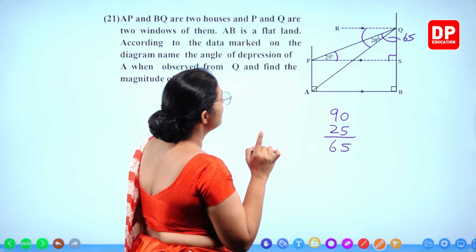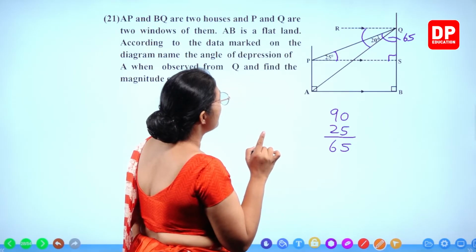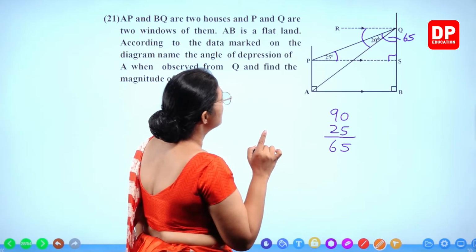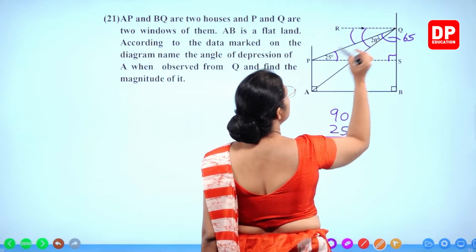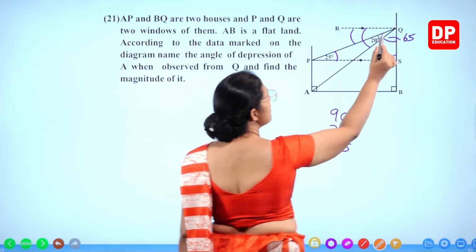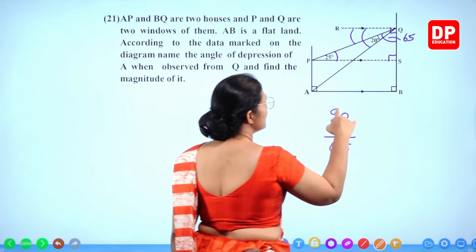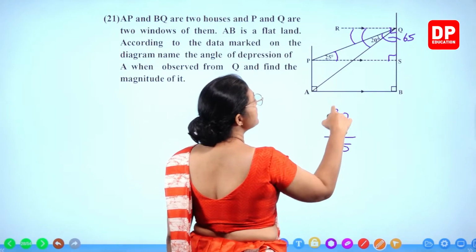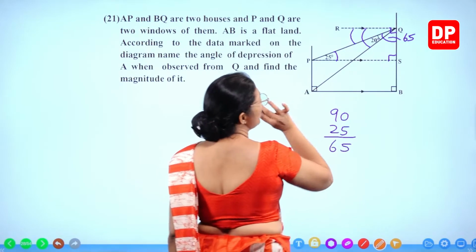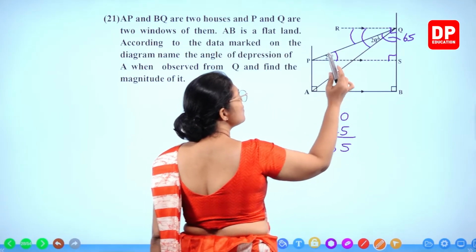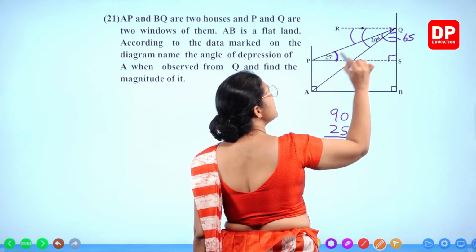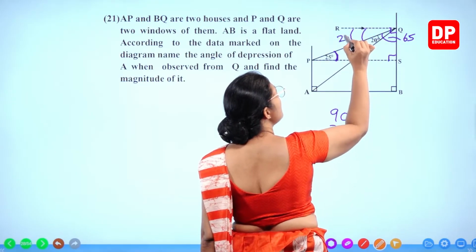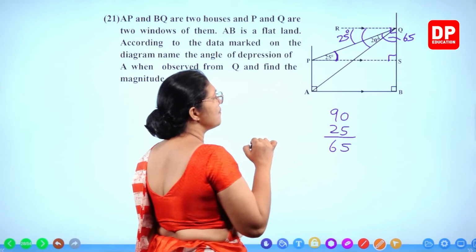And then if this is 65, you can find this angle as 90 minus 65, so this is 25. Or straight away, you don't have to find this one. Can you see these two lines are parallel? Alternate angles are equal, so straight away you can write this is 25.